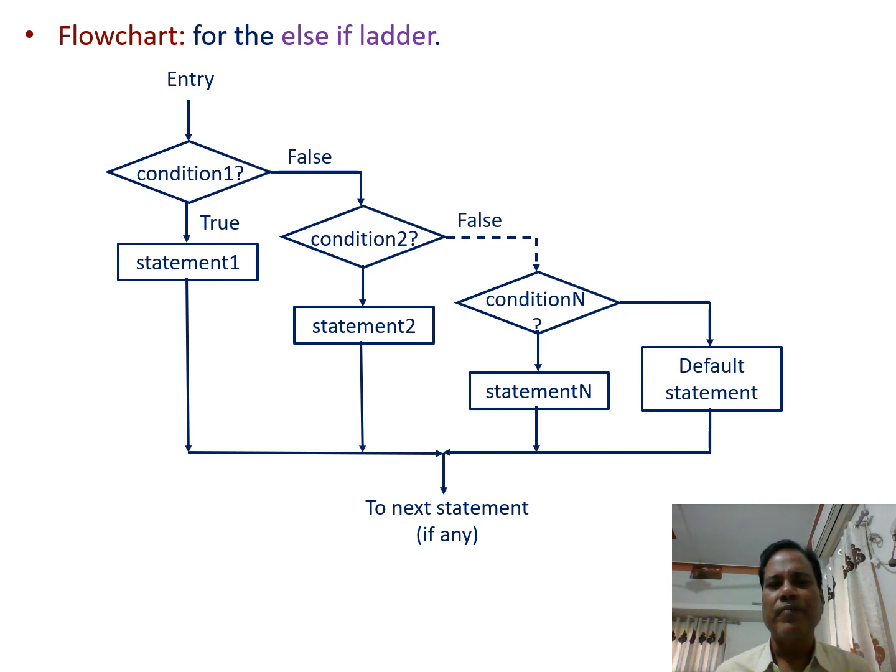In this way we can include any number of else if statements. Finally, if no condition is found to be true and a default statement is included, then we execute this default statement, and then control goes to the next statement. It looks like a ladder, that's why it is called the else if ladder construct.